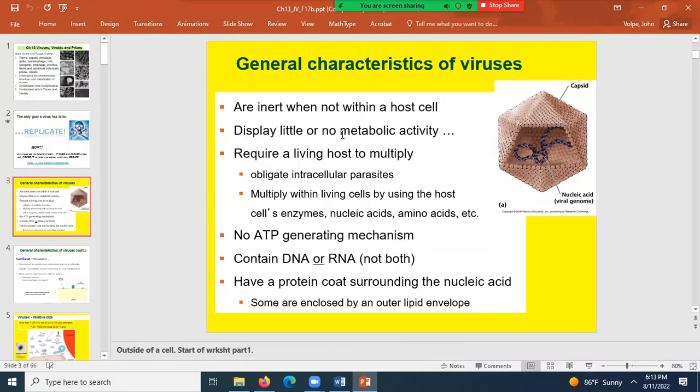It only has metabolism when it is inside its host cell. A virus requires a living host cell to multiply. So we can say a virus is an obligate intracellular parasite. It requires the host to replicate.